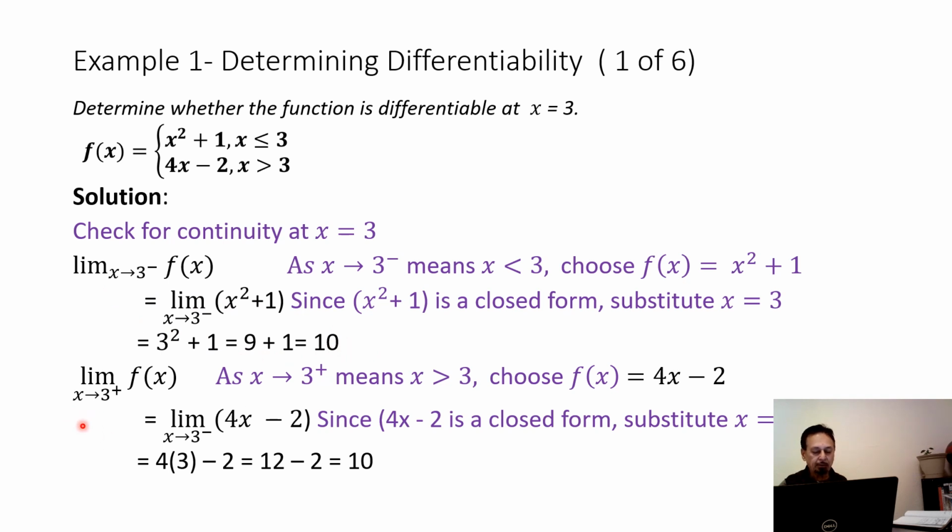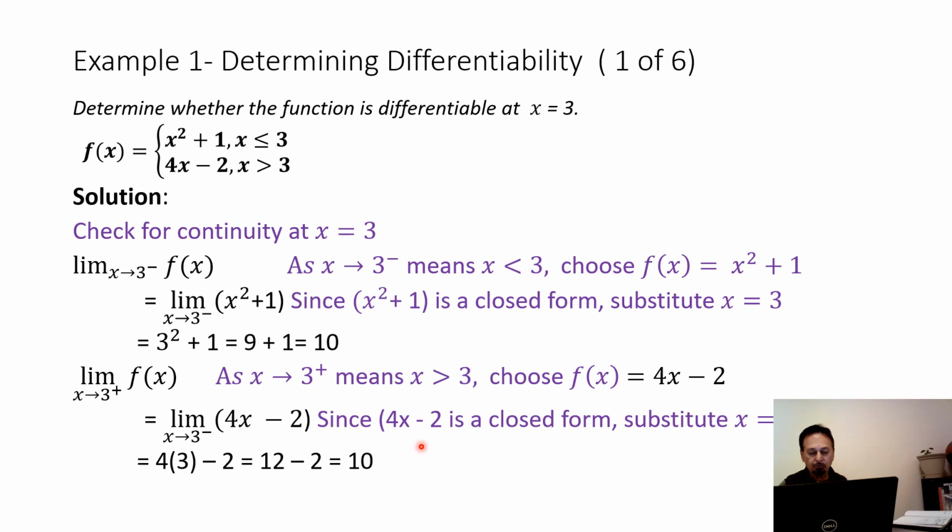Now we find the right limit. The limit of f of x as x approaches 3 from the right. Now x approaches 3 from the right means x is bigger than 3, and that condition is this one. So we use f of x equals 4x minus 2. So we replace f of x in this limit with 4x minus 2.